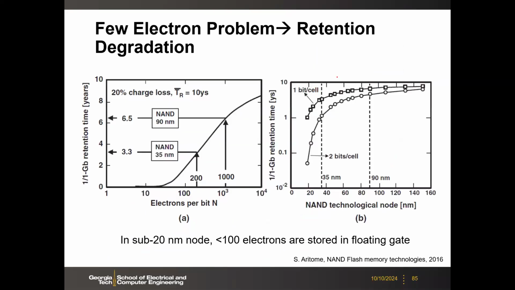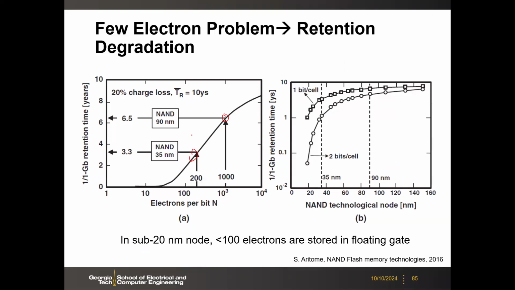Okay, so then let's move on to the few electron problem. So retention will degrade, right? Here we show the number of electrons you may have. At 90 nanometer, you may have 1,000 electrons there. But at 35 nanometer, you may only have 200 electrons. And as I said, for sub 20 nanometer, you may only have like 30, 40 electrons.